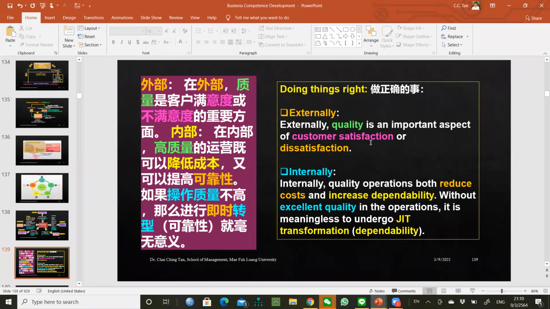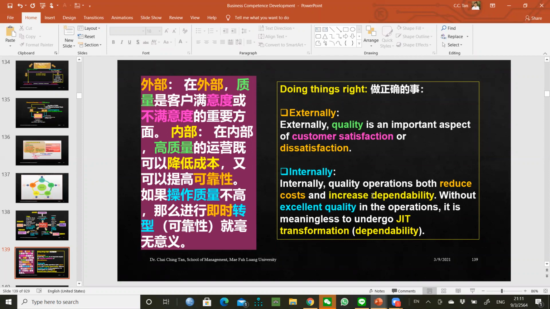Internally, quality operations is important. Otherwise, you will have a lot of defects, and then you have to correct your defects, and that will increase your cost, right? So internally, quality operations both reduce your cost and increase that you can deliver on time reliably. Otherwise, the downstream says to the upstream, could you please send me 2 tons of product? But they're not able to do it because internally they have a problem, right?